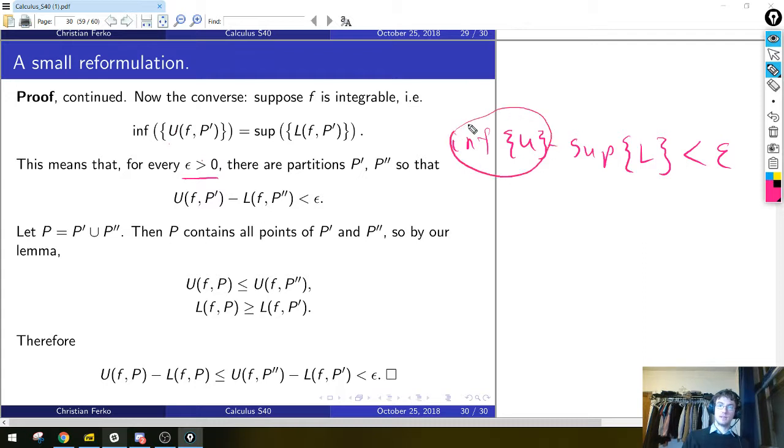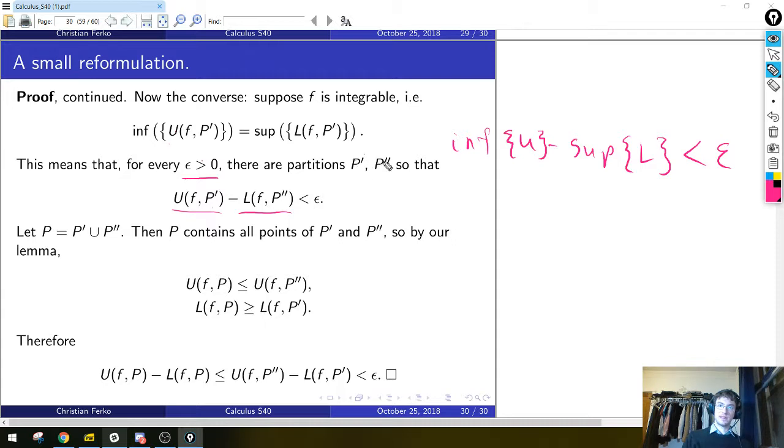then since this infimum is the greatest lower bound, and this is the least upper bound, I can always find an element in the set, maybe a p prime for the first and a p double prime for the second, such that this inequality holds. Why is that?